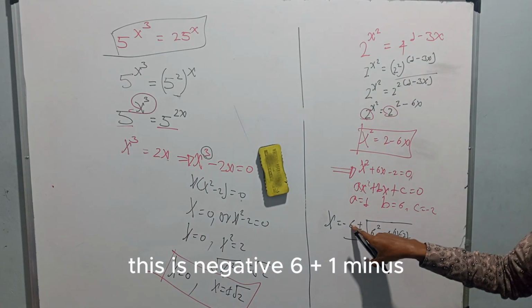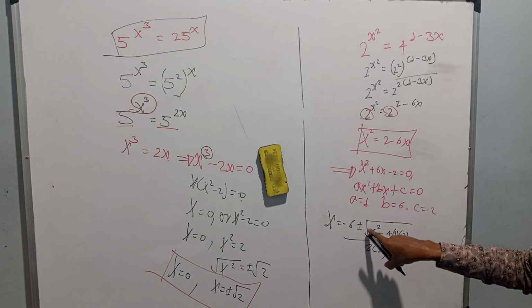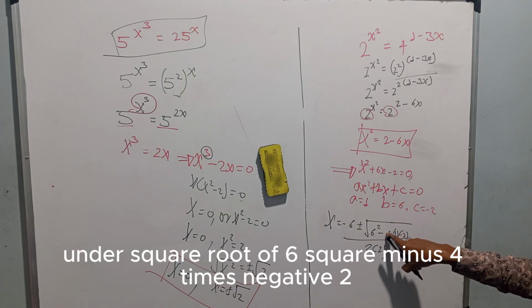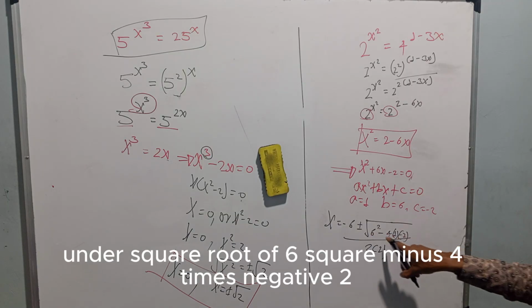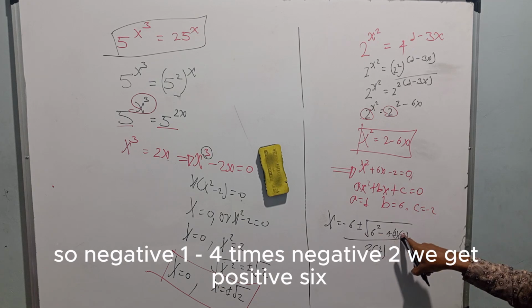This is negative 6 plus or minus the square root of 6 squared minus 4 times negative 2. So negative 4 times negative 2, we get positive 8.